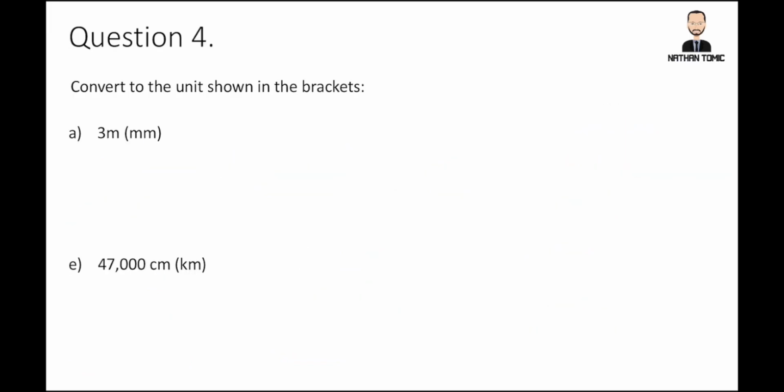Question 4 says to convert these units into the shown bracket again. The difference will be when we look at our graphic, we can see that we're going from meters in this case to millimeters for A. We're actually jumping 2 spots. So we want to multiply by a factor of 10. But if we look at it, we're going to multiply first by 100 to get to centimeters, and then multiply by 10 again to get to millimeters.